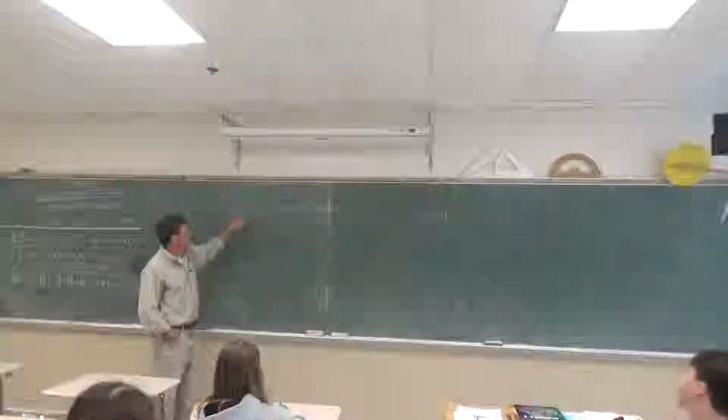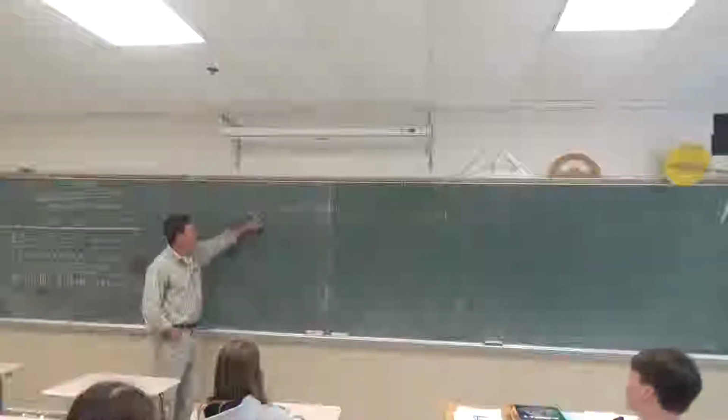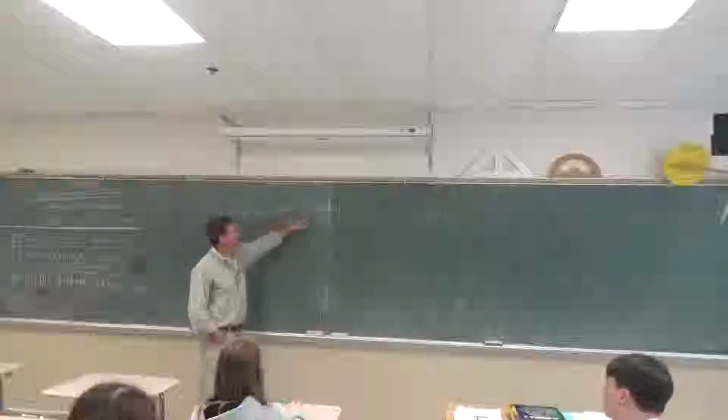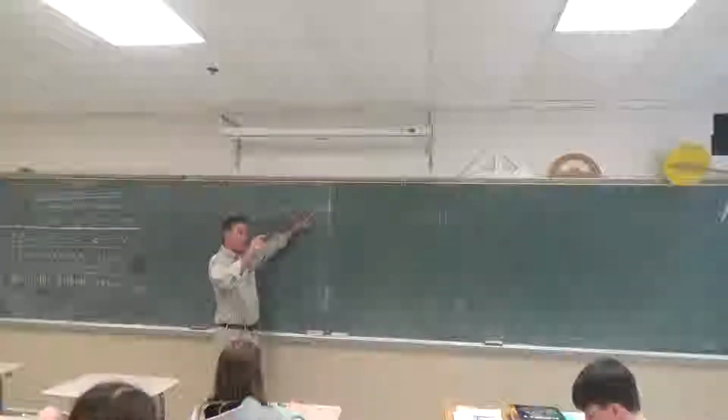What's in front of the xy term? This is a 1. Okay. 0. 0. Negative 1, because it's 1 over there.